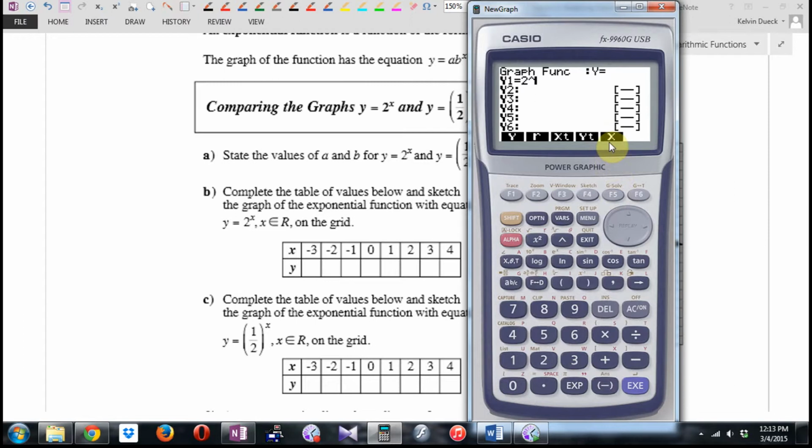That's going to give you something wonky. Instead, your x button is right here below the red alpha. That's your x button. How do you store an equation? Hit execute or enter. How do you know it's stored? You'll notice your equal sign got colored in. That's Y1. Okay?